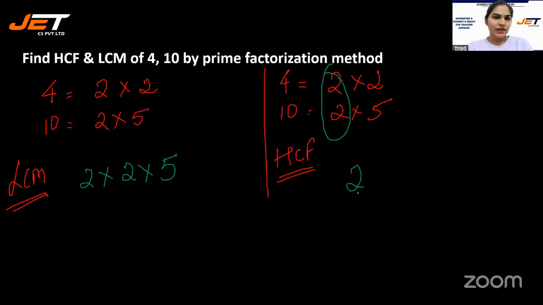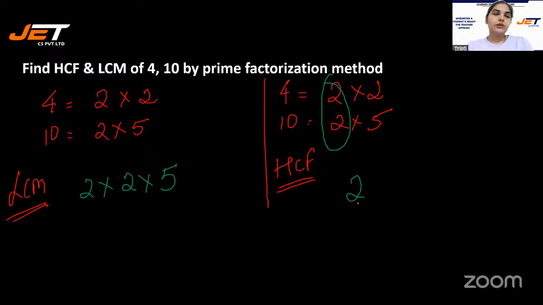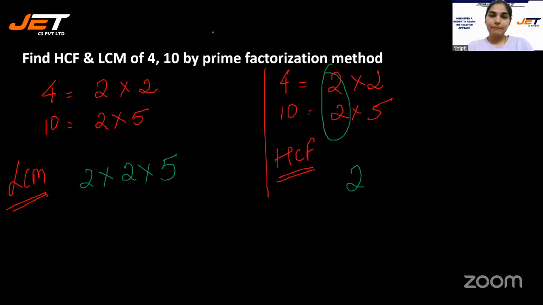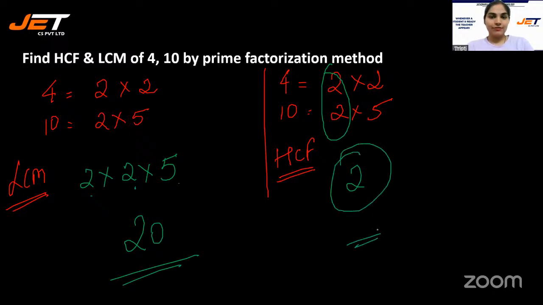Can we check it, please? Is this correct? What do you think? The way we did in the previous question, did we do it in the same way? So 2 times 2 is 4, 4 times 5 is 20. 20 is the LCM and 2 is the HCF.